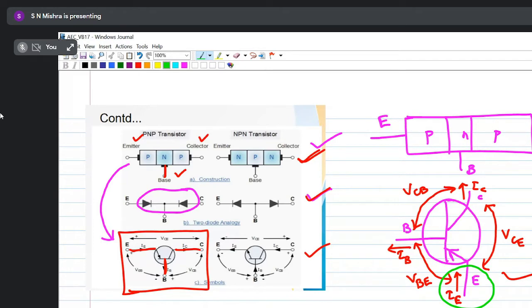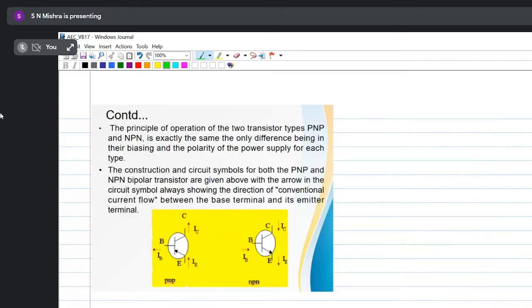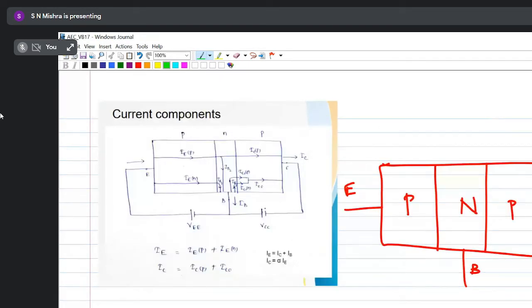The arrow is into the device. So if I represent the same thing here, the arrow is like this, yes or no? Yes, sir. Next, collector current is outgoing, base current IB is outgoing.